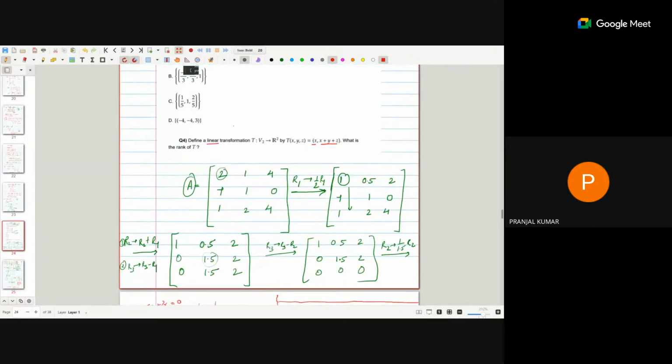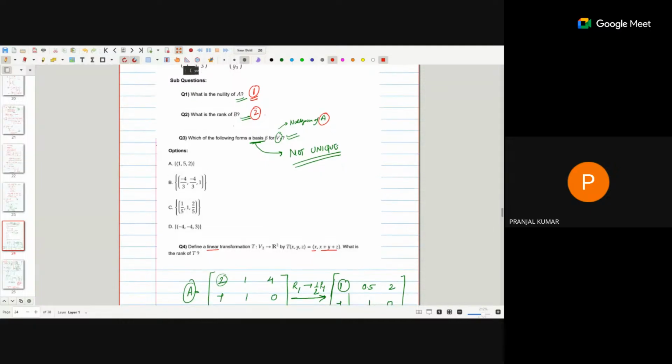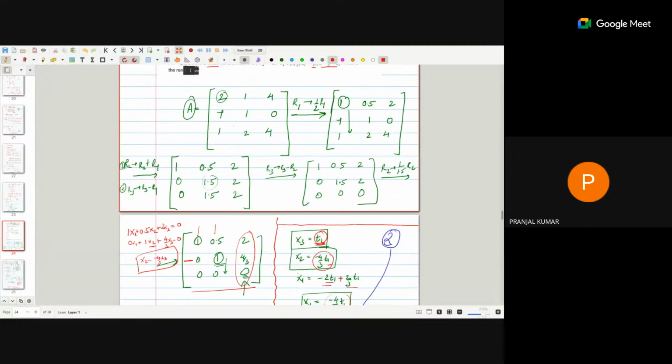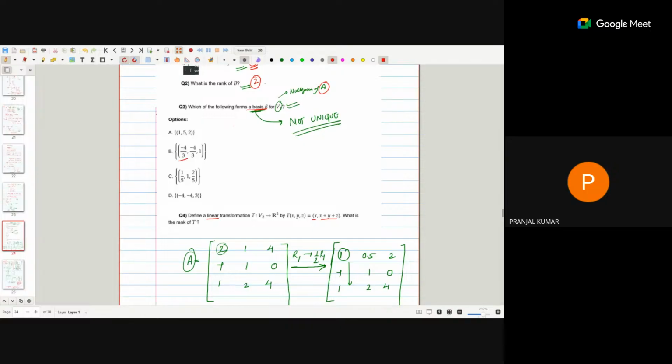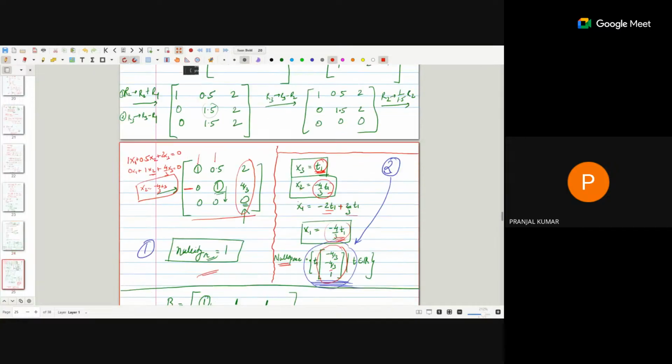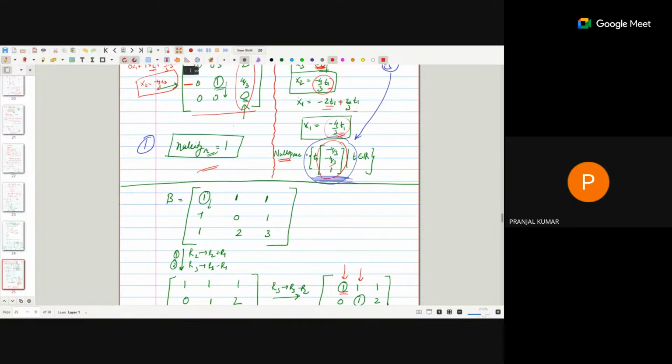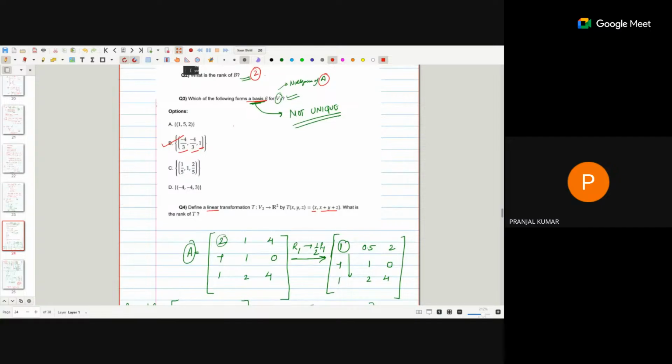Now see which of the following forms a basis. The basis is nothing but this vector, which is written in front of t1: minus 4 by 3, minus 4 by 3 and 1. Is this clear? Now, can there be multiple answers to it? You need not stop here. If I scale this vector by 3, multiplying each of these elements by 3, it will become minus 4, minus 4 and 3.